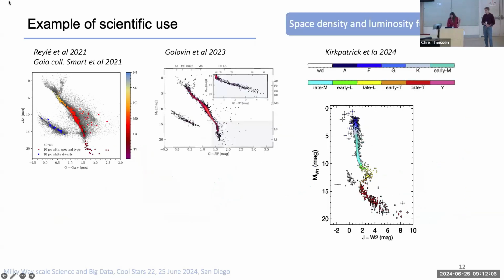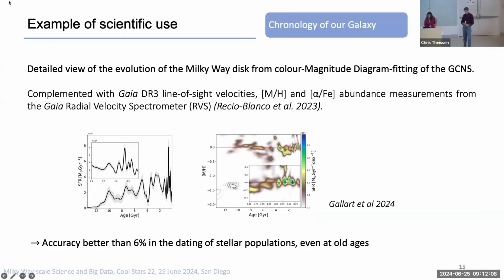So I think this is the 100 parsec sample. It's all with Gaia data, and it shows the power of a spectroscopic survey, because now we are also entering the new era with the spectroscopic surveys, which give kinematics and chemistry.